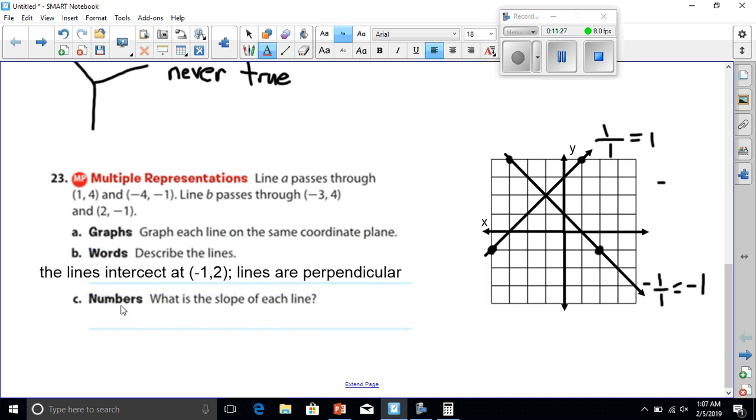All right, now letter C says, what is the slope of each line? Well, we just came to that determination, didn't we?